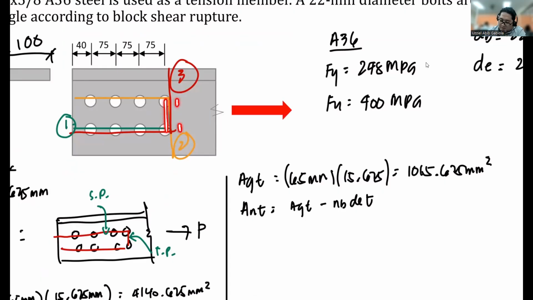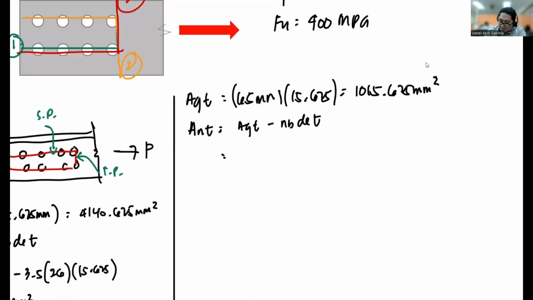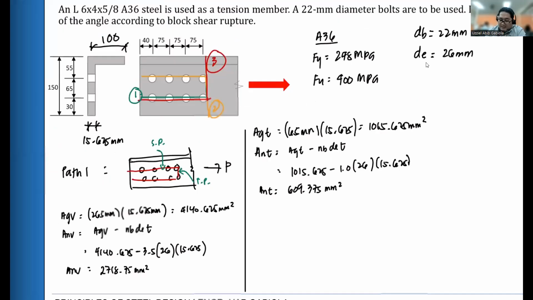So it equals 1015.625 minus 1.0 times 26 times 15.625. We have 609.375 mm squared. Okay? So that is our ANT.